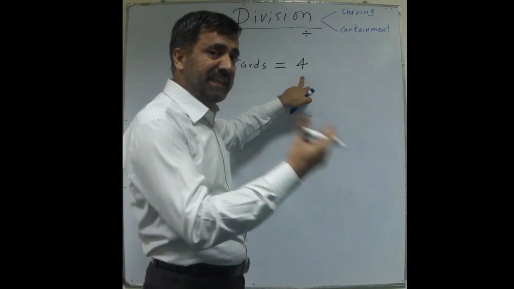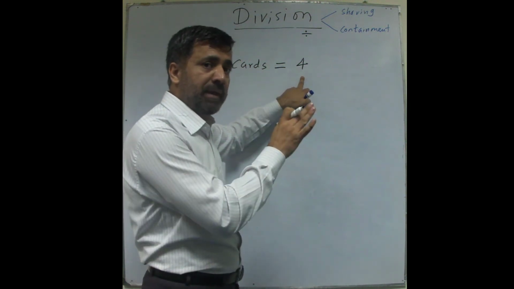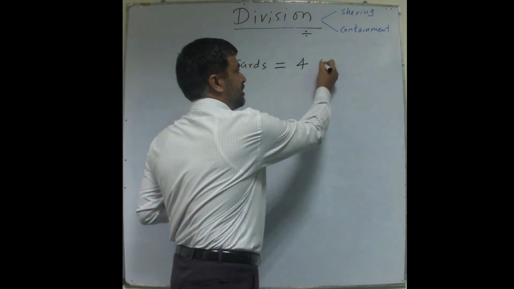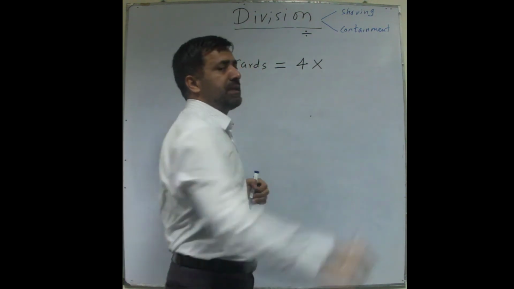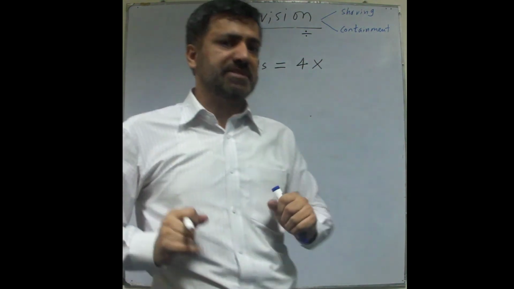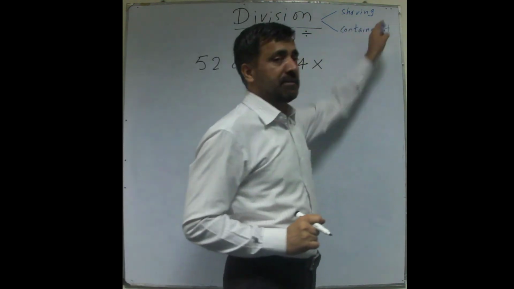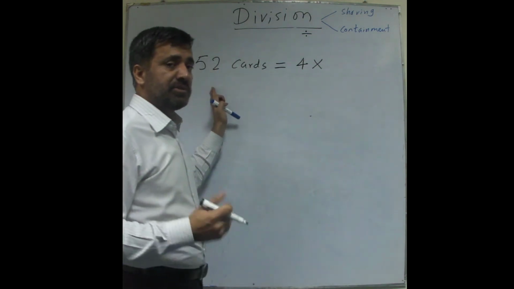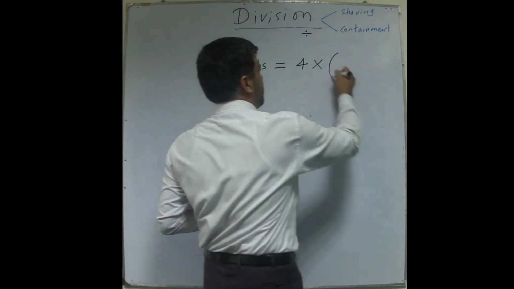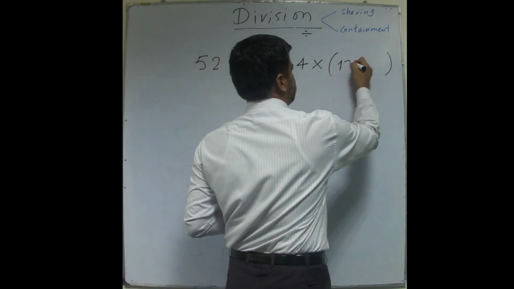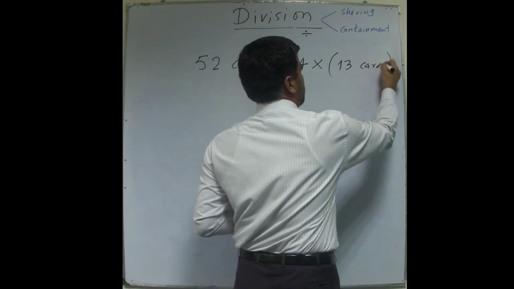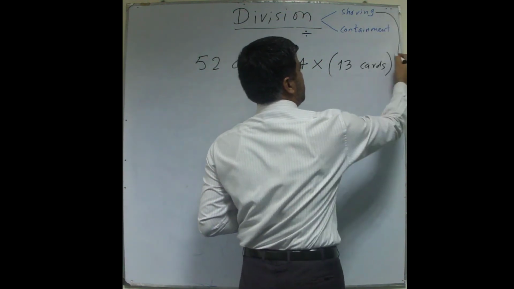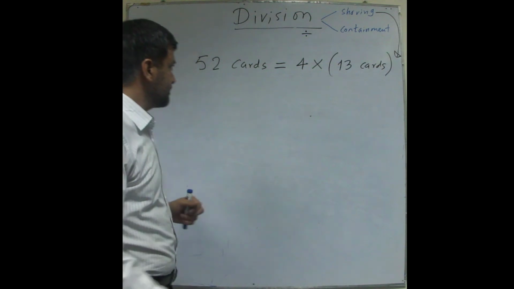I mean, I'm sharing this among 4 players. So the question is, how many cards does each player receive? The sharing interpretation. And if you work this out, you know how to divide, you will get 13 cards. This is the sharing interpretation.